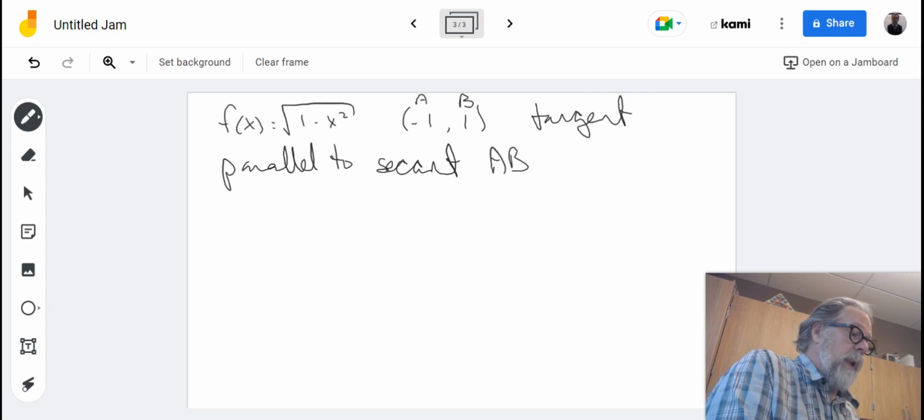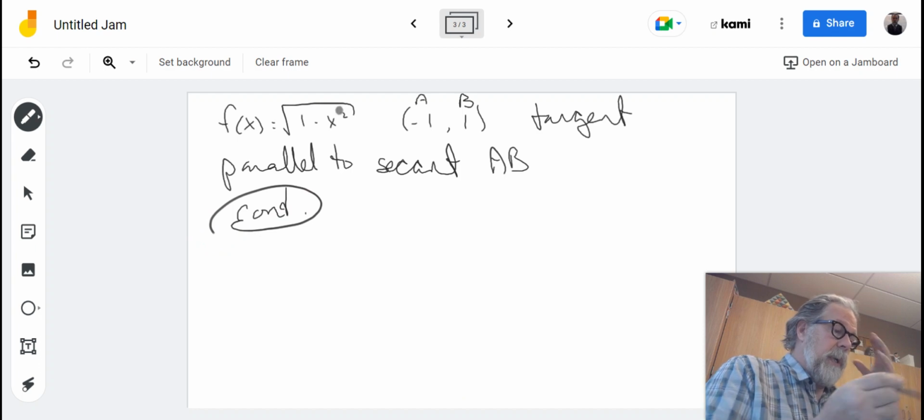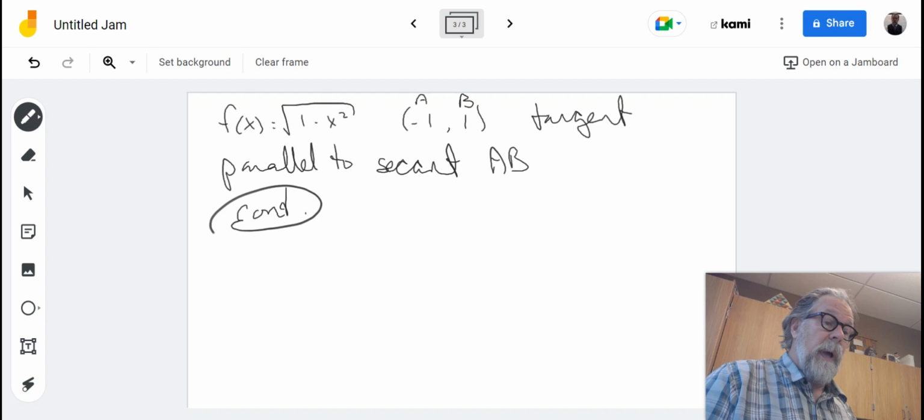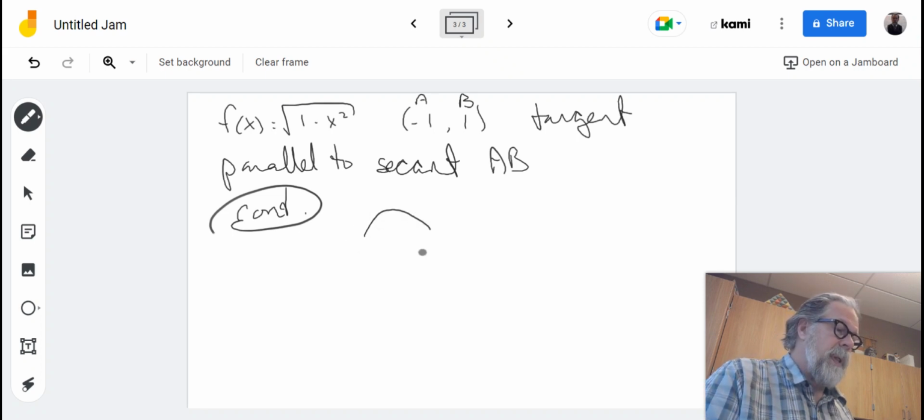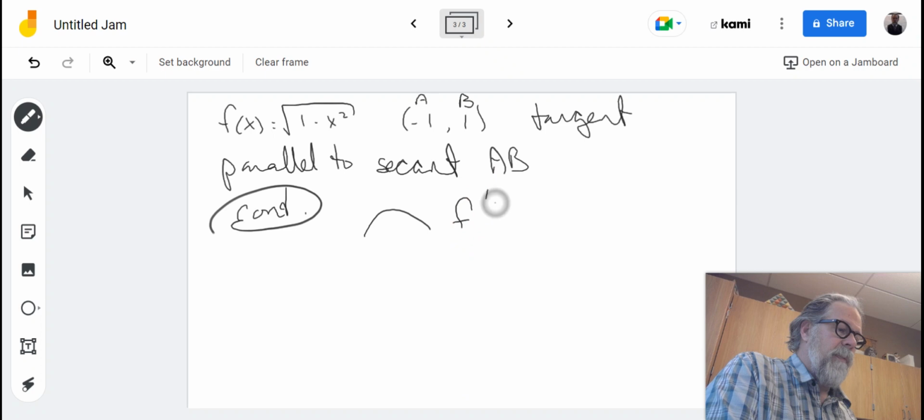So thing one, we know it's continuous. We can confirm that. It's the square root of 1 minus x squared, which if we think about it a little bit, we realize it's a circle, which means we also know that it is differentiable. But let's get the derivative anyway, because we're going to need it.